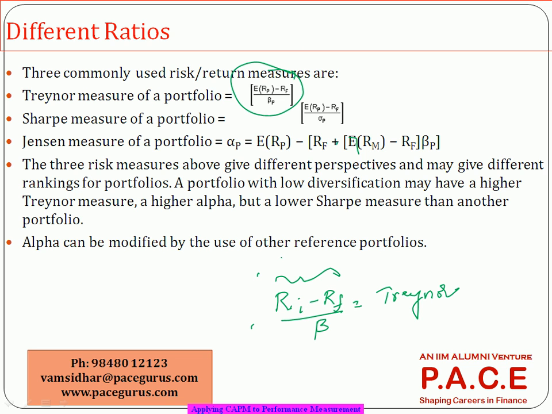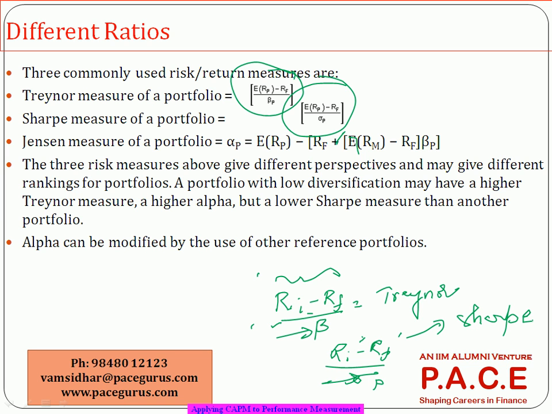Similarly, we have also looked at the Sharpe ratio, which is again Ri minus Rf by sigma, which is the total risk. So if I take only systematic risk in the denominator, I call it the Treynor ratio. But if I take the total risk, both systematic plus unsystematic risk, in the denominator, we call it the Sharpe ratio. Even this is a very powerful measure for evaluating the performance of the managers.